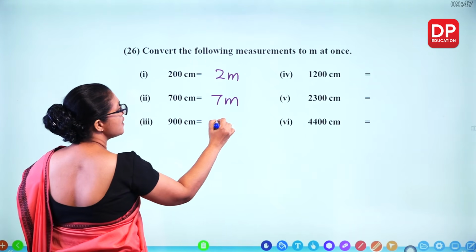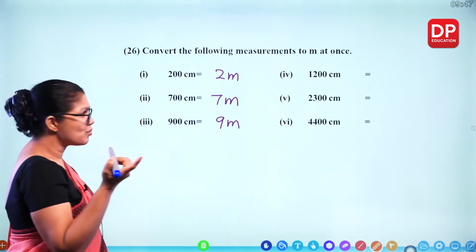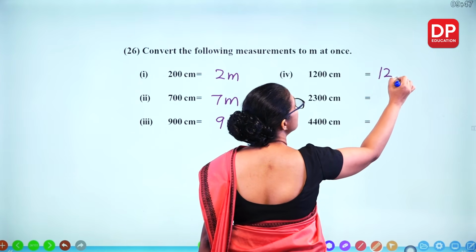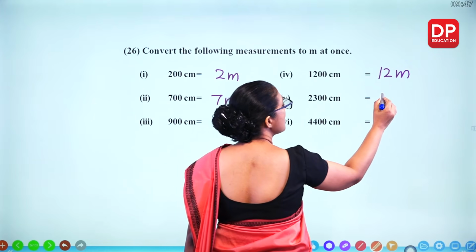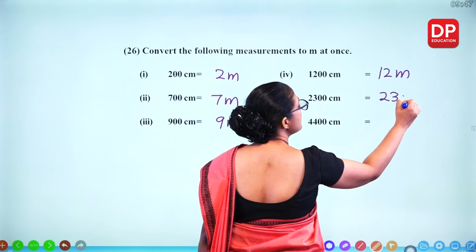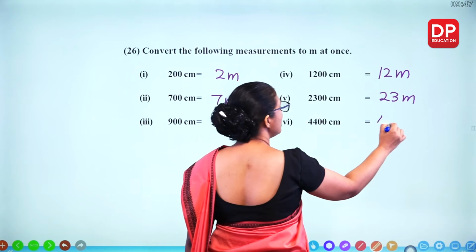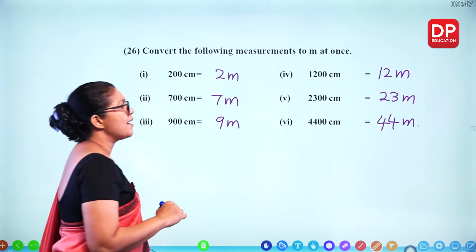Cancel out the 2 zeros, you get 9 meters. 1200 centimeters, divide by 100, 12 meters. 2300 divide by 100, 23 meters. And 4400 divide by 100, 44 meters.